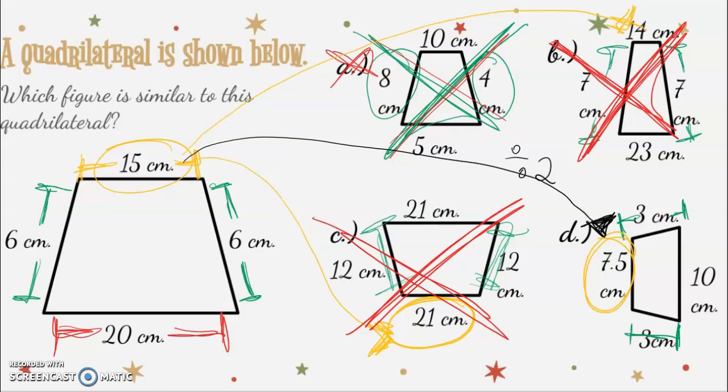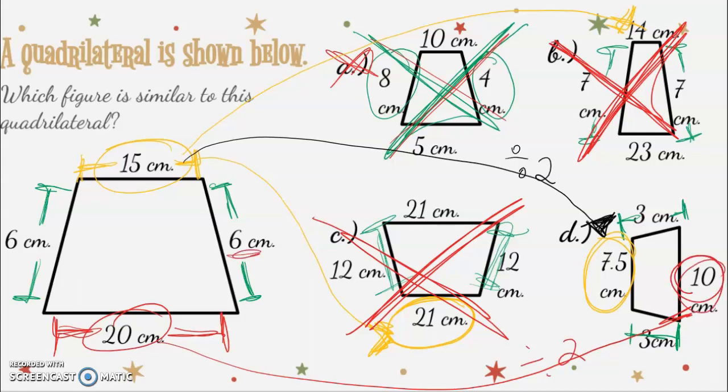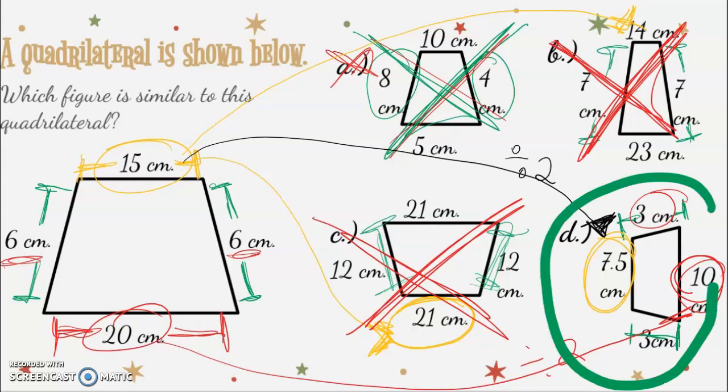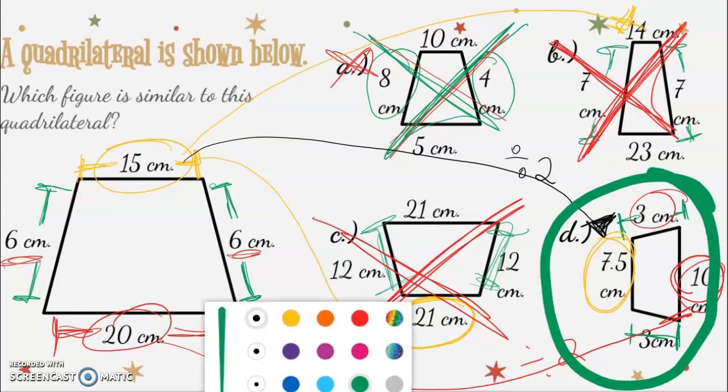Yes, but don't get too excited. We still have to figure out if the other side is the same. If I divide this by 2, 20 divided by 2 is indeed a 10. And 6 divided by 2 will give me 3. So yes, my final answer, my actual 100% answer is going to be D as in dog. Get ready for your next example.